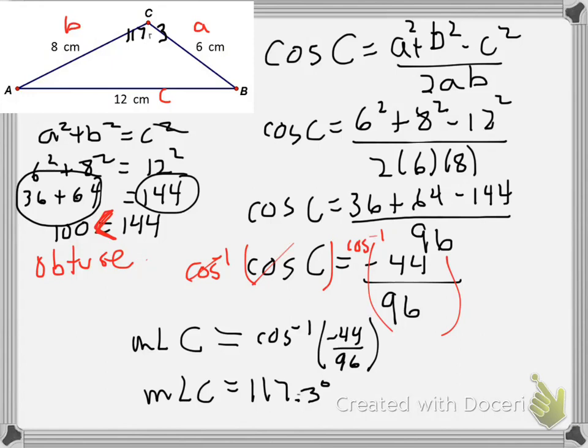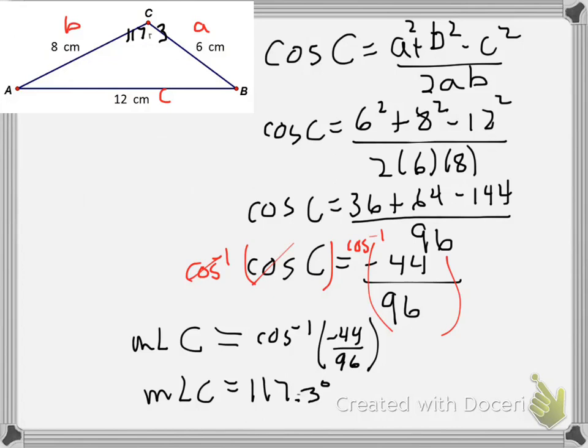So I'm going to erase this junk right here. So I have C. If I can get one more angle, my life would be good. Some people want to do the law of cosines again, but it's kind of a lot of steps. So what I'm going to do is the law of sines, because I already know it's obtuse, I can just do the law of sines here.